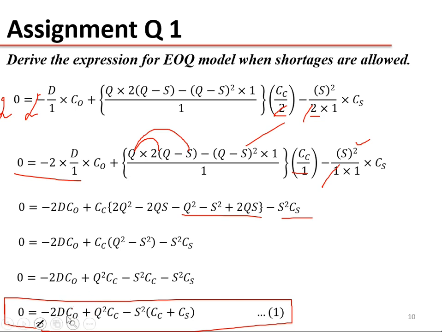Now in this equation, D is okay, C0 you know, Q we need to find, CC it is given, S square is again a variable. CC is generally the carrying cost, and it is given in a numerical value, and CH is also a given value.